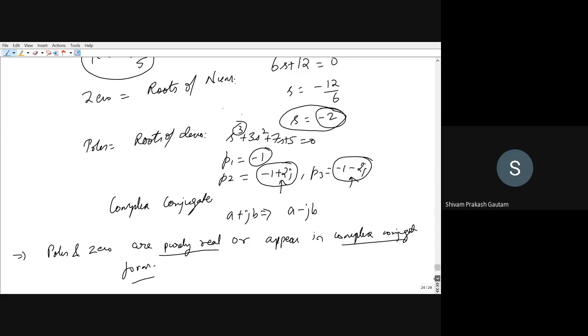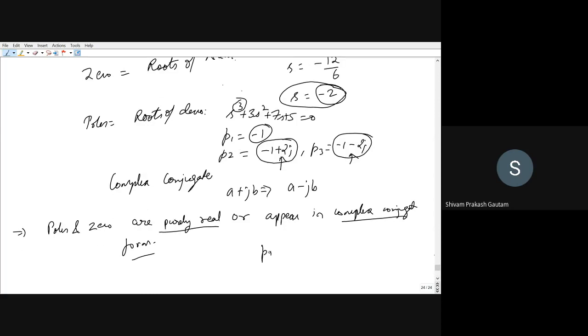You cannot find anywhere a pole that is just -1 plus 2j. You cannot find any transformation having this kind of pole alone. If the poles are complex, then the complex conjugate poles will always be present. You cannot find this pole individually in any transformation. So this is a thing to remember.